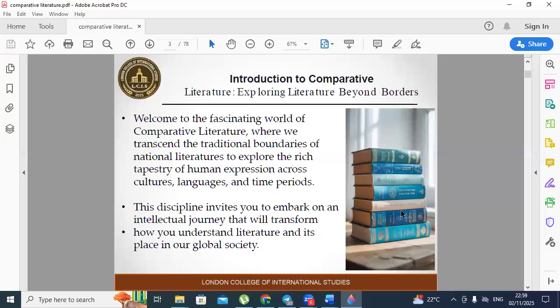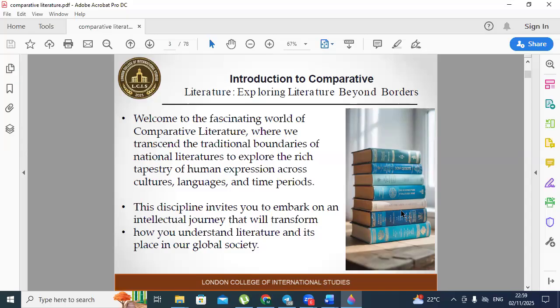So if we go back to the introduction, this is where the conceptual journey truly begins. The slide uses powerful language like fascinating world and transcend traditional boundaries to shift your mindset. It's making a clear distinction. This isn't just English literature or French literature in isolation. It's an active, border crossing discipline.